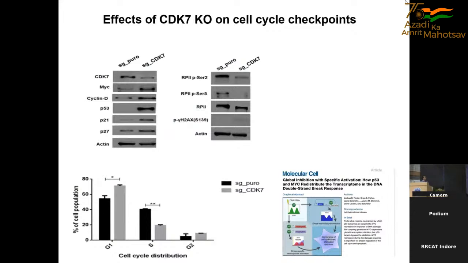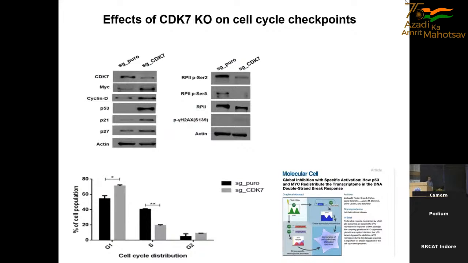P53 was upregulated and P21 was upregulated, but to our surprise, MYC was not downregulated. MYC being an oncogene, we were expecting it to go down in the CDK7 knockout clone, like we found in the patient samples and the cell line data.